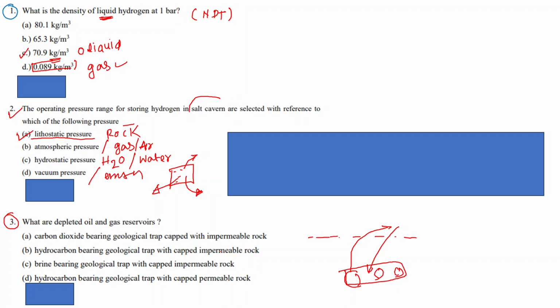Obviously, the capped impermeable rock is needed, because impermeable means there should be some rock that hydrogen cannot permeate easily, such that hydrogen will not scatter here and there. C is the brine bearing geological trap with capped impermeable rock, hydrocarbon bearing geological trap with capped permeable rock. Which one is right?